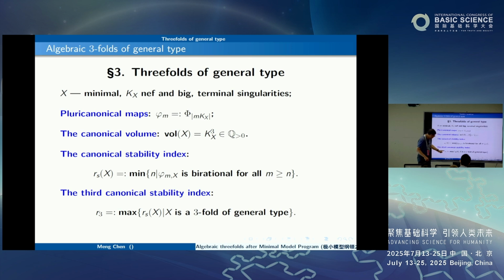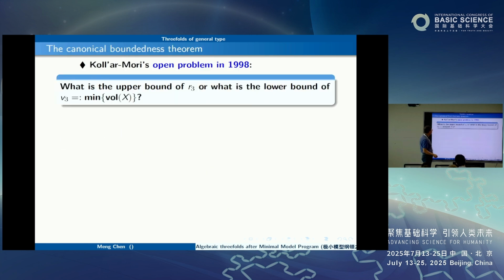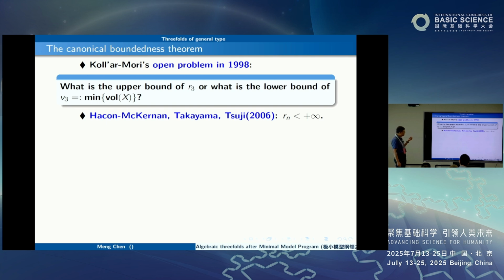If you only define this number, then it could be plus infinity. So how do you know this is a certain finite number? This was first proved by these four authors.